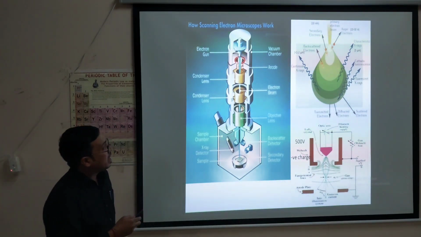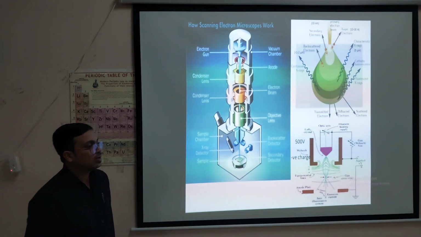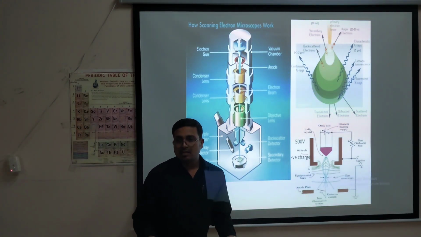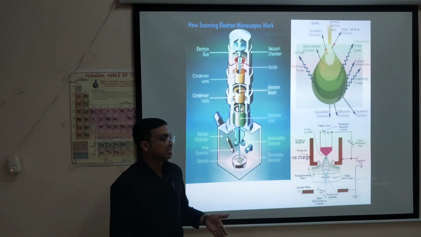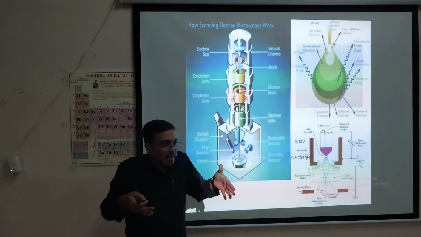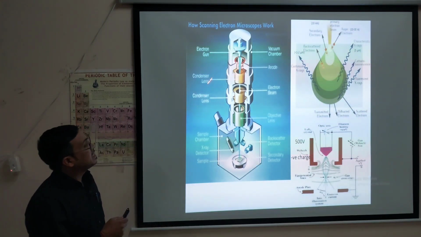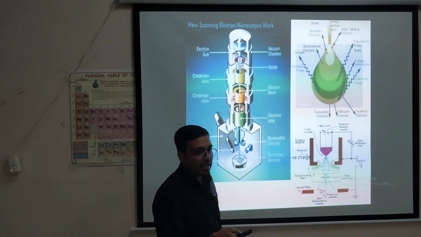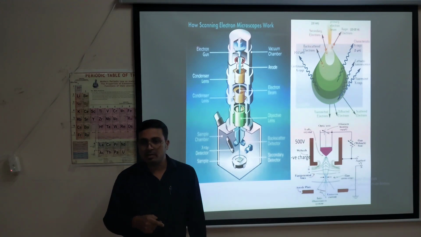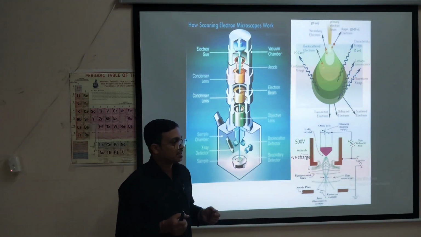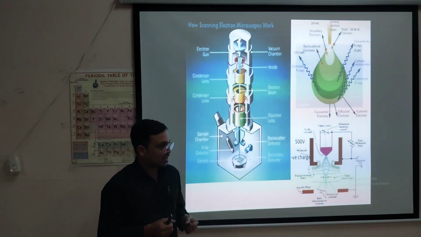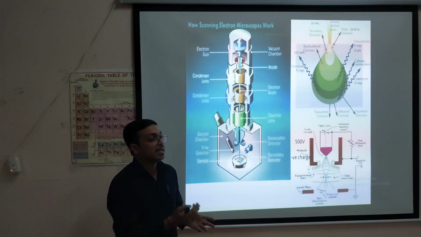Yes or no? Now comes the picture of the condenser lens. Condenser, as it's simply pronounced, means it will condense something, make something go in a collective way. So that's the role. And as I told you, in electron microscopy, the lens is all about what? Electromagnets. Or, so to say, electromagnetic coils.